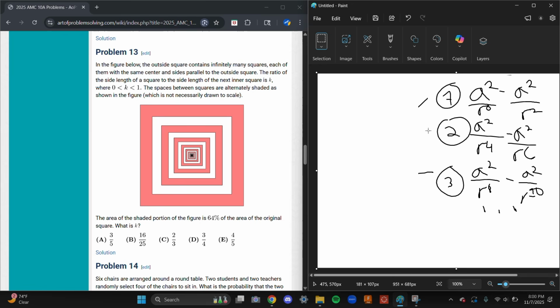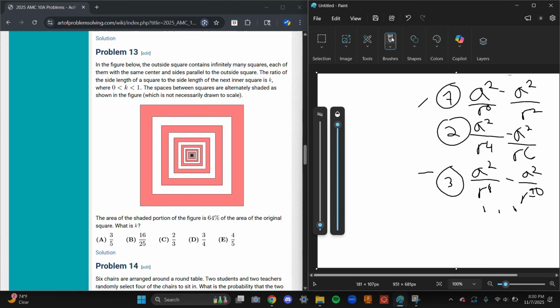So we have A squared over r to the 0, which I'll just write as A squared, right? First term over 1 minus common ratio is the infinite sum by the infinite geometric sequence formula. The common ratio here is 1 over r to the 4th. So the first term is A squared over r to the 0, which is just A squared over 1.